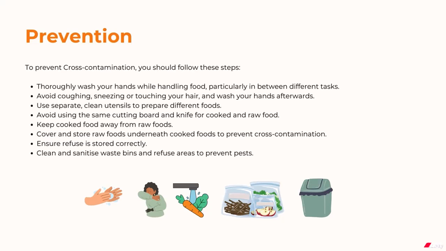Avoid using the same cutting board and knife for cooked and raw food. Keep cooked food away from raw foods. Cover and store raw foods underneath cooked foods to prevent cross-contamination. Ensure refuse is stored correctly. Clean and sanitize waste bins and refuse areas to prevent pests.